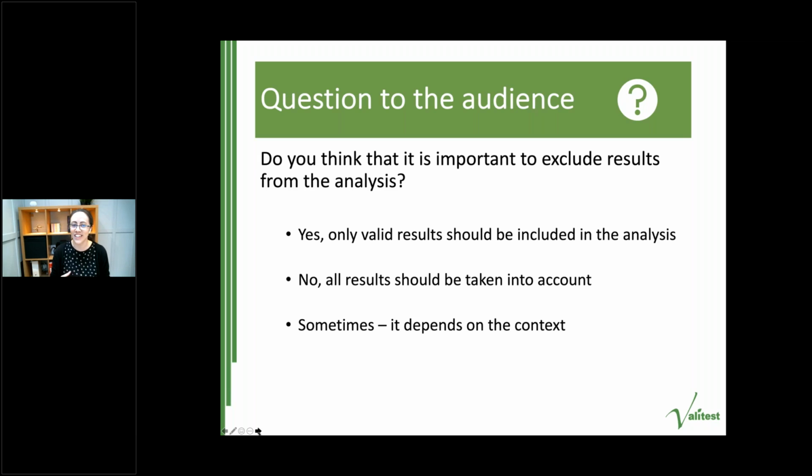It's a slightly leading question perhaps, but the question is, do you think that it's important to exclude results from the analysis? So do you think, yes, only valid results should be included in the analysis? Do you think, no, the results are what they are and every result should be taken into account in the analysis? Or do you think it depends on the context? So we'd like you to answer this question. Choose one answer, please.